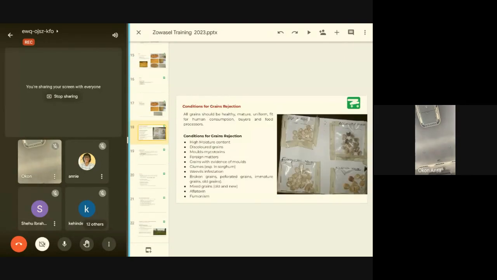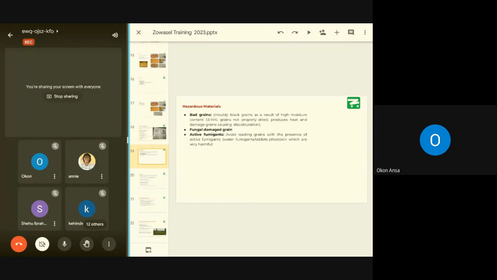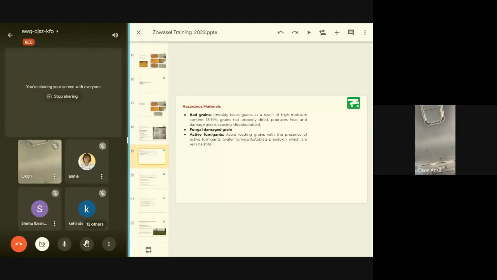Conditions for rejection of grains now: if the moisture content is high, discolored grains, molds as a result of high moisture content, foreign matter, grains with evidence of mold, glumes, weevil infestation, aflatoxins, mixed grains, old and new, presence of aflatoxin are actually conditions that could lead to rejection of grains being supplied.